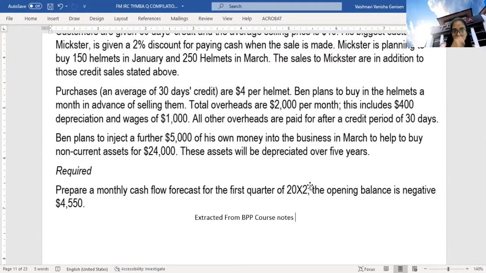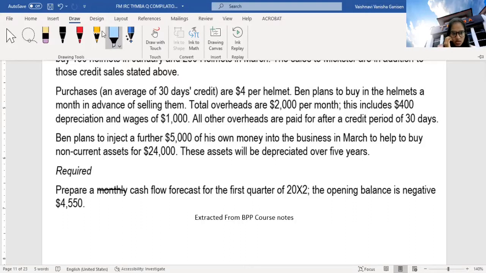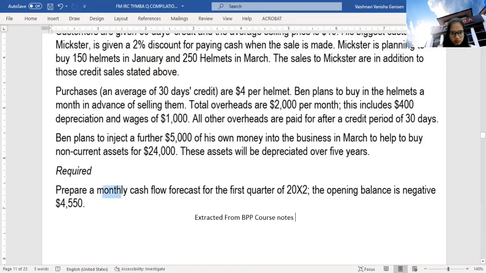Now, the examiner has asked you to, number one, prepare a monthly cash flow forecast for the first quarter of 20x2, that means January, February, March. He has given you that the opening balance is negative 4550.